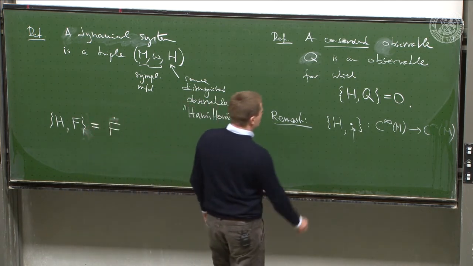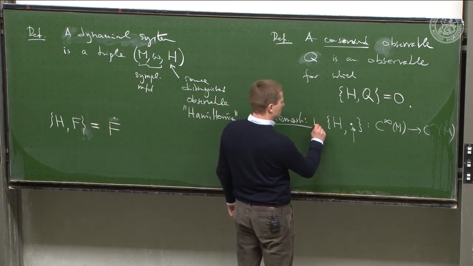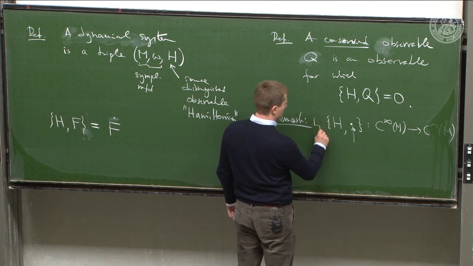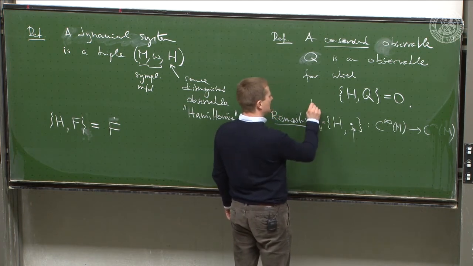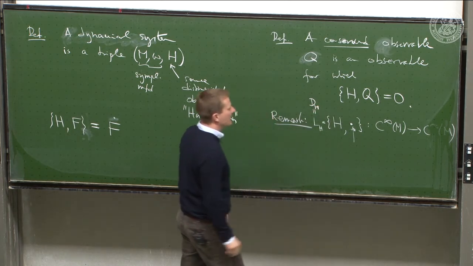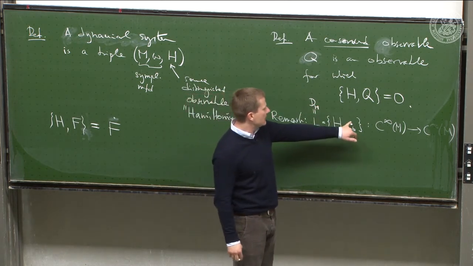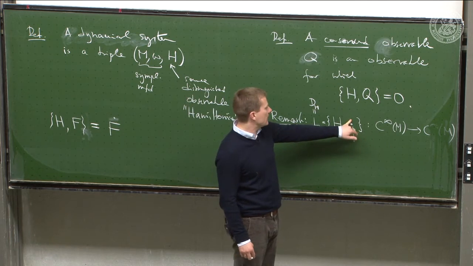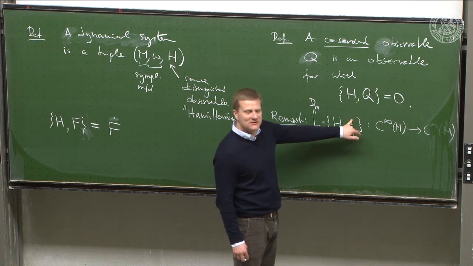Now, this is sometimes in classical mechanics called L sub H, like the Liouville operator, or D sub H, that reminds you more of a derivative, because it's precisely this. If you put in here a product, which you can do, then it will satisfy the Leibniz rule, the product rule for this product. Why?